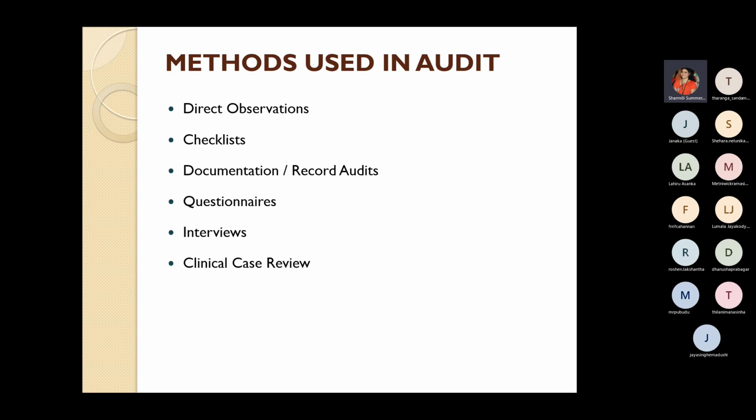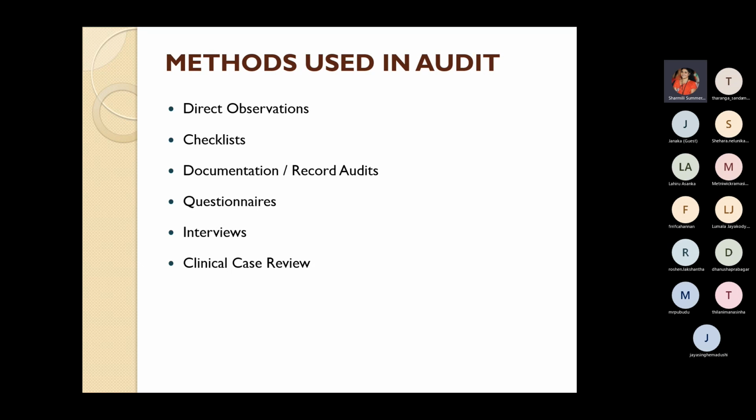It could be in point form, 1, 2, 3, 4, 5, or it could be A, B, C. Each institution has its own checklist, depending on the auditors. They prepare one checklist which contains all the criteria and components to include when making the audit, and for each criterion they may have some marks or grades, and they put the marks or grades relevant to each criterion depending on whether it is present or not.